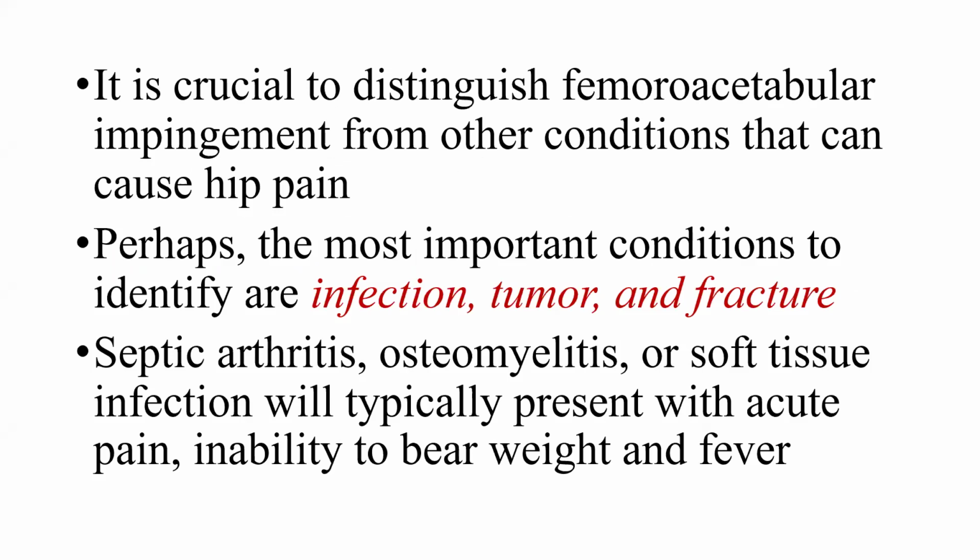So please don't forget about infections, tumors, fractures, septic arthritis, osteomyelitis, soft tissue infections. You have to know everything about the hip to differentiate between pain in the hip and pain radiating to the knee. And this is a prerequisite before deciding on surgery.